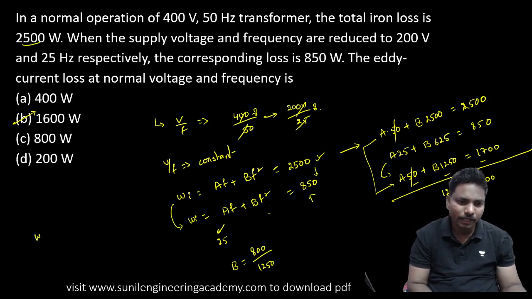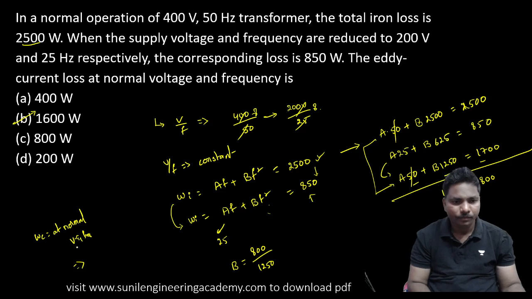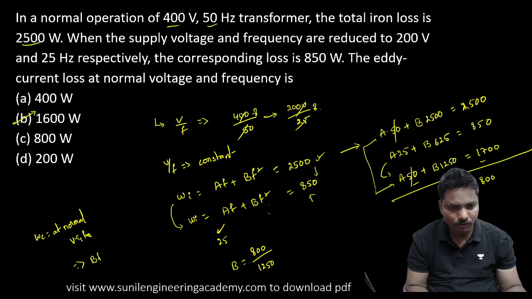Okay, so eddy current losses at normal voltage and normal frequency, in the first case. That is nothing but BF square. AF plus BF square, this is for the eddy current loss. So B is nothing but 800 by 1250.